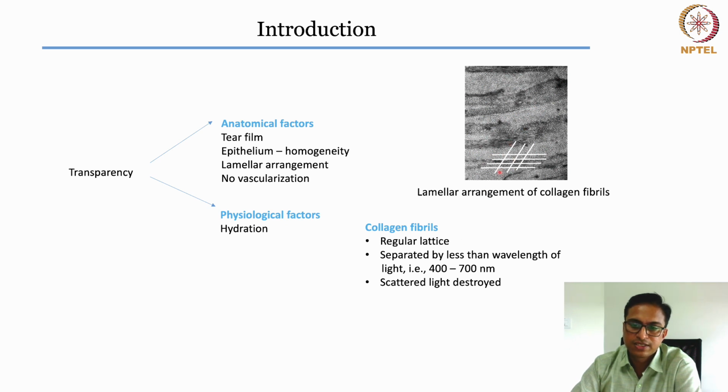Because of that, the transparency is maintained, and they are separated by less than the wavelength of light, so 400 to 700 nanometer light can easily pass through the cornea. They also destroy the scattered light, so that only the focused light reaches the retina, so that we can see the structure.